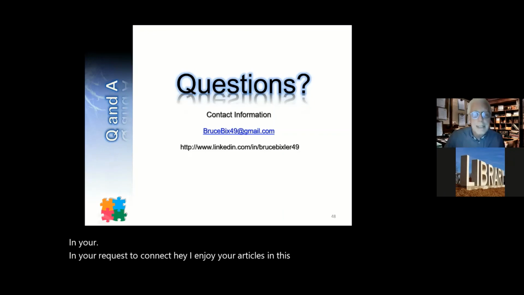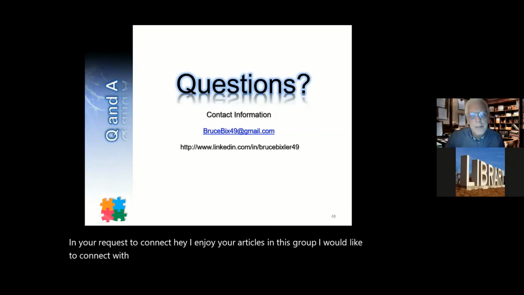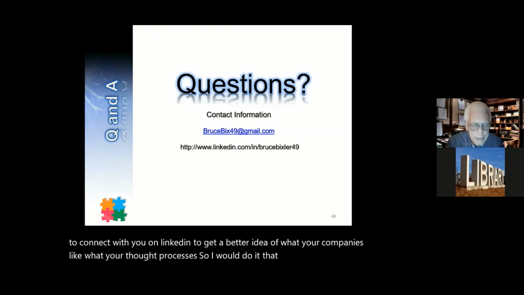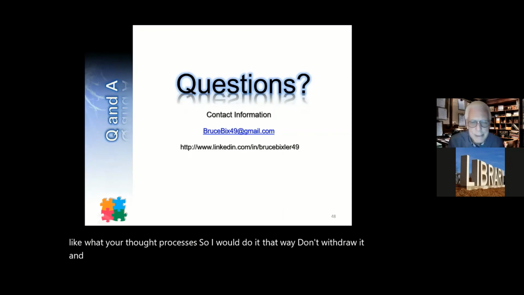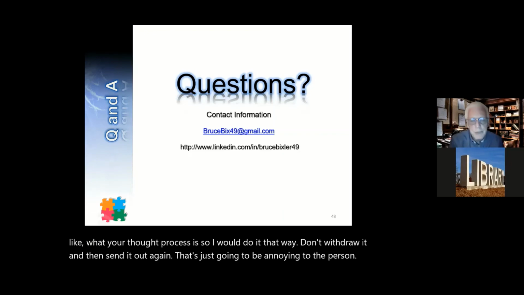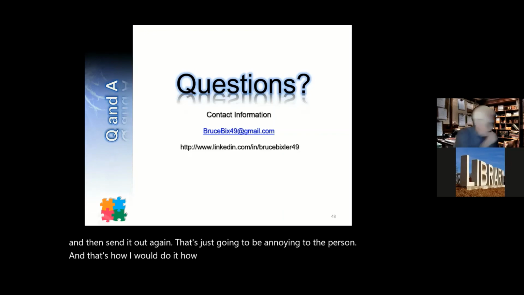I'd like to connect with you on LinkedIn to get a better idea of what your company's like, what your thought process is. So I would do it that way. Don't withdraw it and then send it out again. That's just going to be annoying to the person. And that's how I would personally do it.